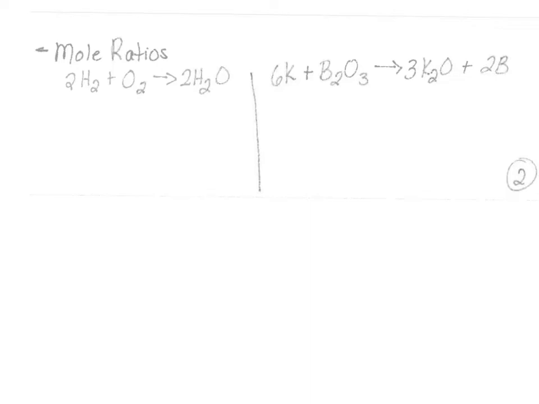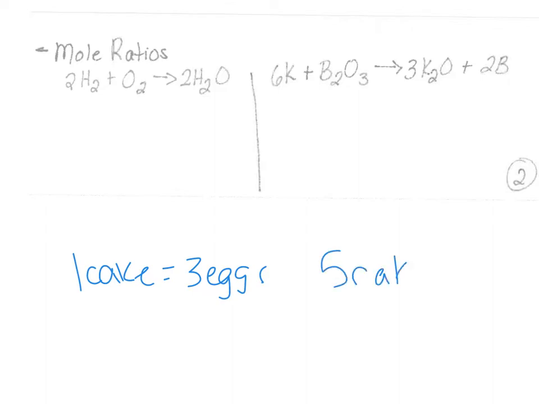Mole ratios. Okay, mole ratios you have to think of kind of like a recipe. If I am going to make one cake, and for every cake I'm going to need 3 eggs. If I wanted to make 5 cakes, you could probably tell me easily how many eggs I'm going to need.